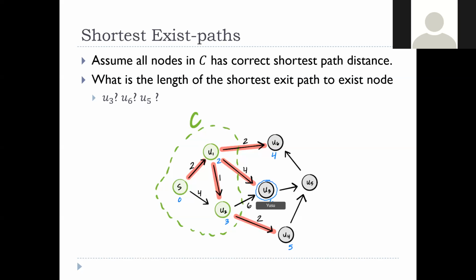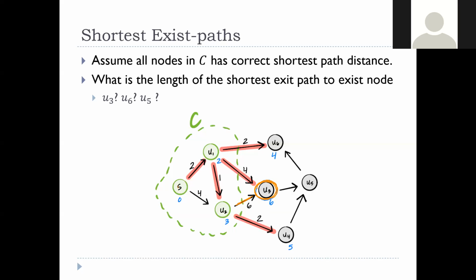I want to ask, what is the best way to reach U3 through an exit path? What is the definition of an exit path? I have to first go somewhere inside set C and then go out through one edge. So intuitively, the last edge has to be one of the edges coming in, connecting to it.